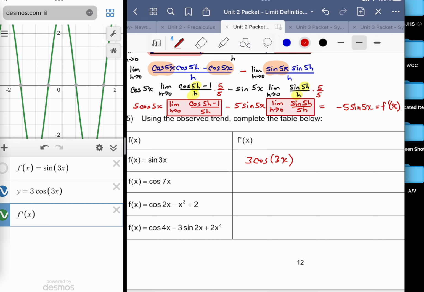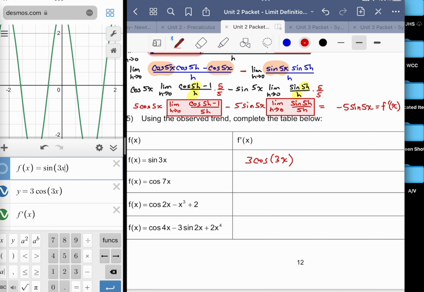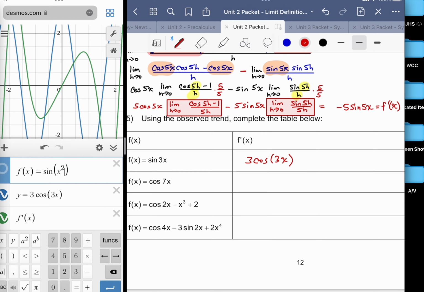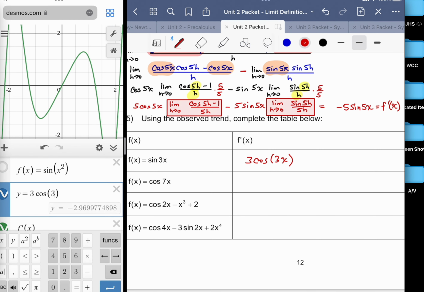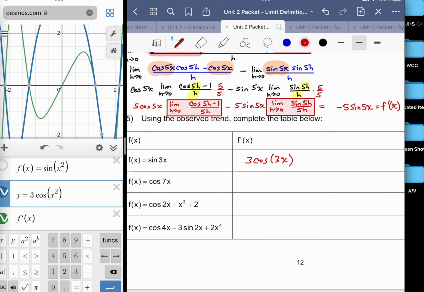So our trend seems to work, but you could also jazz it up and say, well, what if it gets a little spicier? Maybe, and this is going a little off the grid here, let's say it's sine of x squared. Well, I think the derivative of that should be equal to cosine x squared, but then we should also be multiplying by the derivative of whatever's inside the sine function.